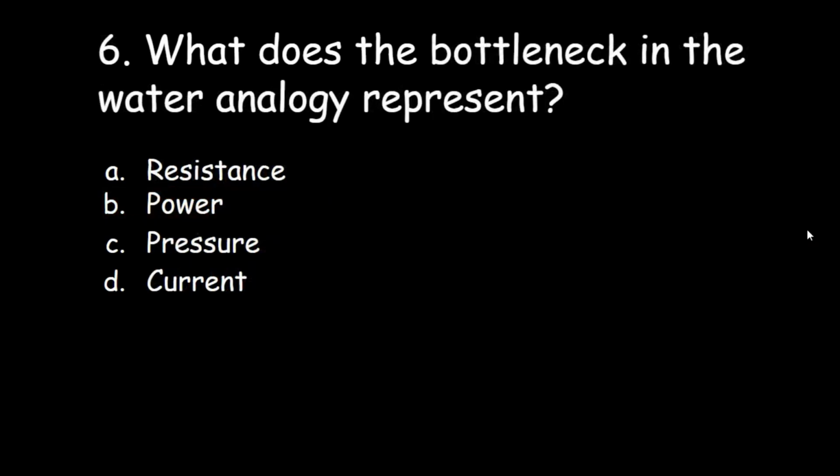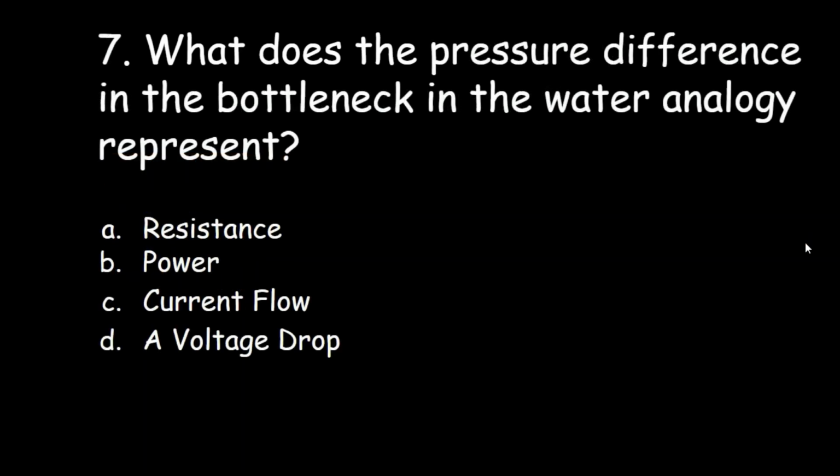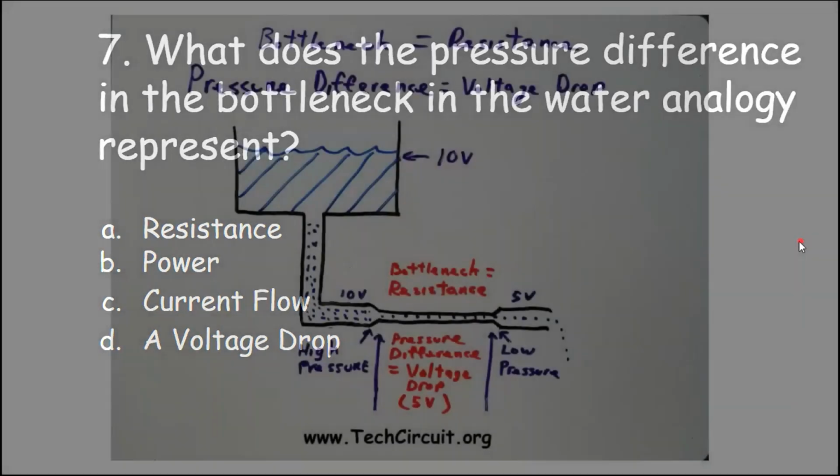What does the bottleneck in the water analogy represent? Resistance, power, pressure, or current? The bottleneck in the water analogy represents resistance. Number 7, what does the pressure difference in the bottleneck represent? Resistance, power, current flow, or a voltage drop?